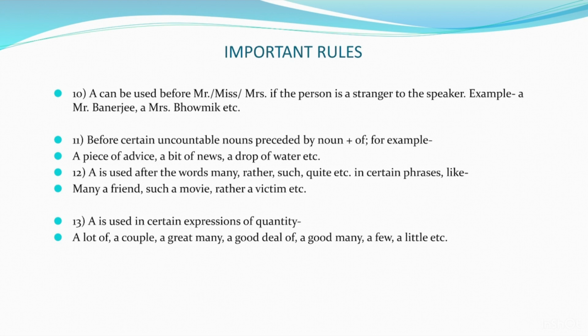So in such phrases we use a, like a piece of advice, a bit of news, a drop of water, etc. A is used after the words many, rather, such, quite, etc. in certain phrases like many a friend, such a movie, rather a victim, like this.